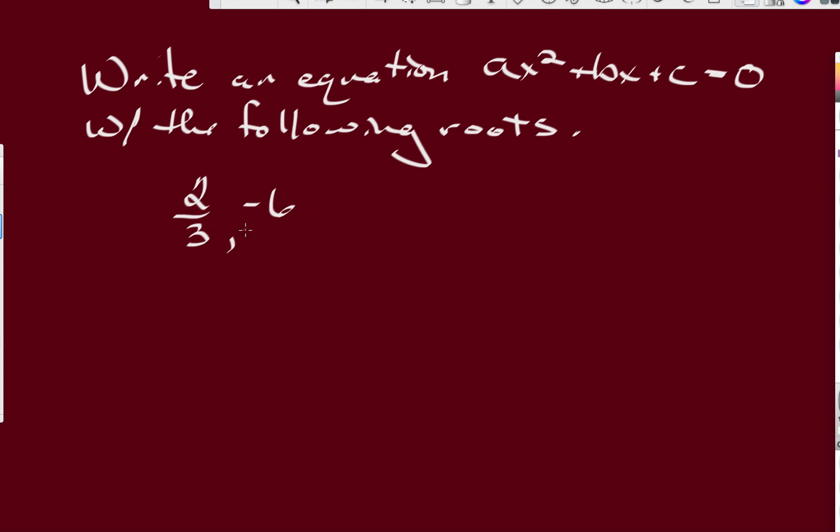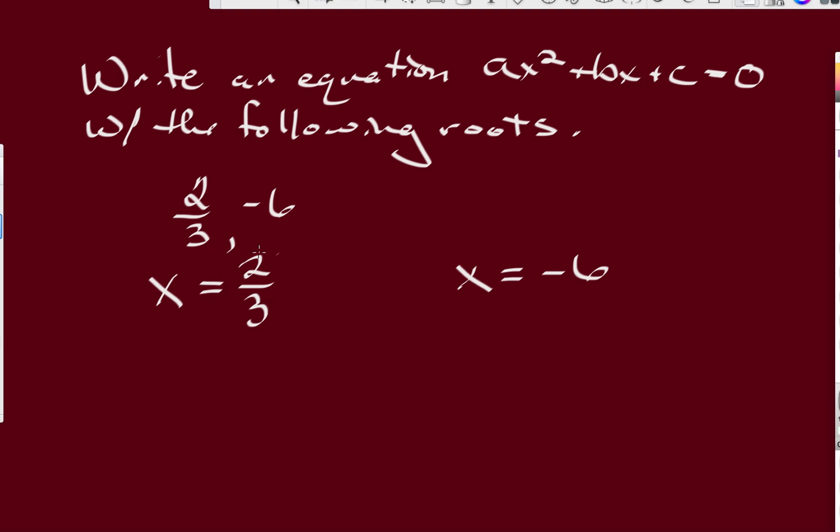And so what you do is what we just did, only backward, right? You know how we solved x equals something, right? So we're going to say x is 2/3, and x is -6. And what I want is to get this alone and not have a fraction.